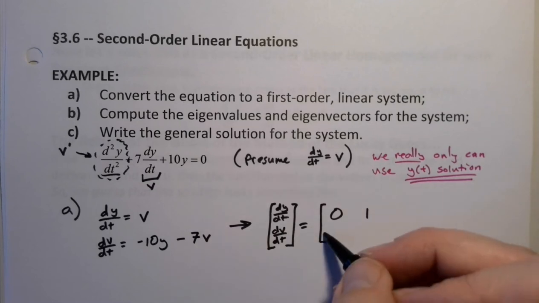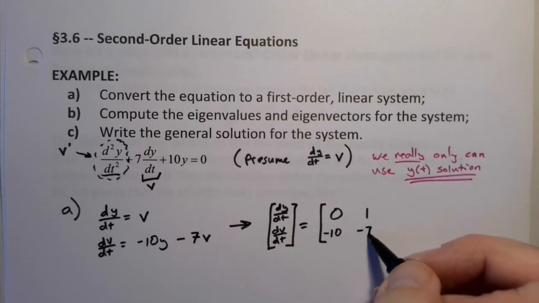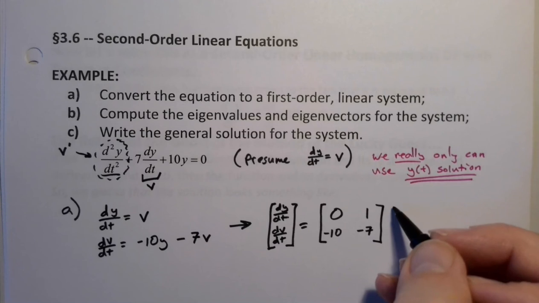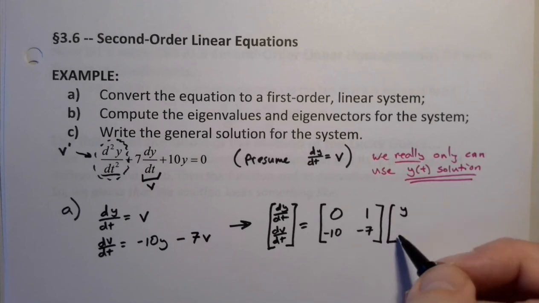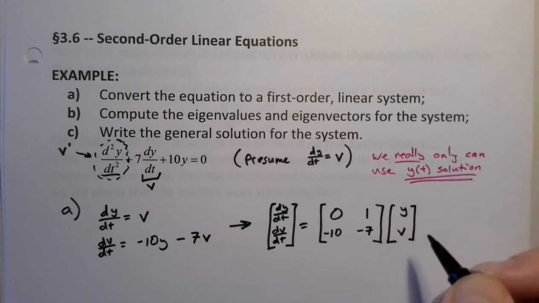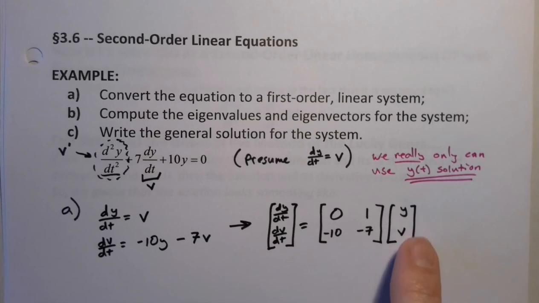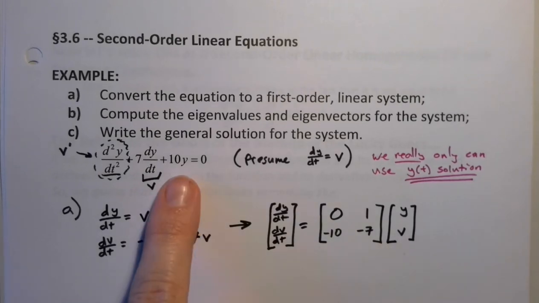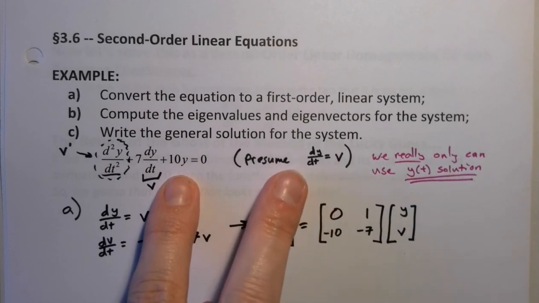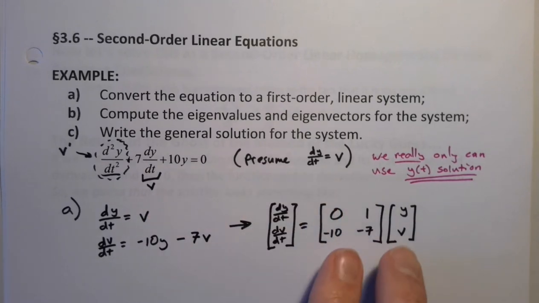The bottom equation is negative 10 and negative 7. And that of course is times our two dependent variables. The first one that we were given to begin with, the second one that we invented with our presumption. So this is a perfectly reasonable representation of the same information with a presumption along the way. So we can proceed and solve this.